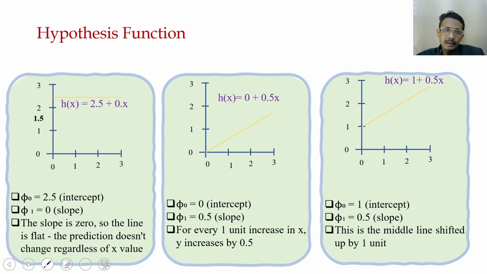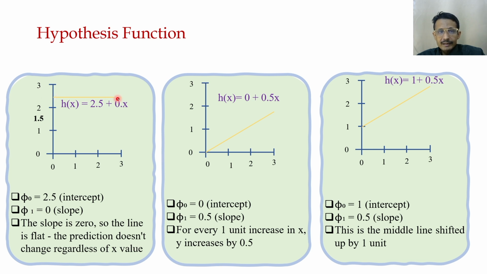Now, when we are trying to find this hypothesis function for a particular straight line, let's see how, if we change theta 0 and theta 1, the straight line will change. Let's take some examples to understand this. Theta 0 is 2.5, but theta 1, the slope, is 0. So it is essentially a flat line, because the prediction doesn't change regardless of the x value.